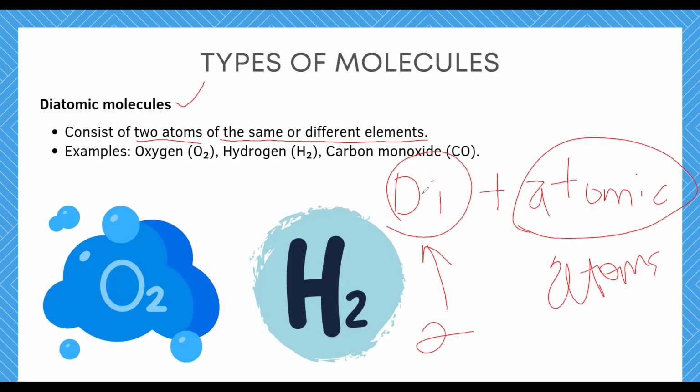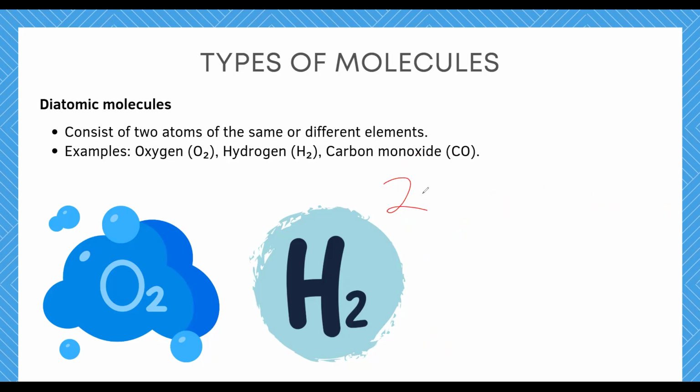When we have a molecule that has two atoms, whether the atoms are the same element or not, as far as the atoms are two, then we call it a diatomic molecule. So example number one is oxygen. We all know oxygen because we're breathing in oxygen right now. Anybody that stops breathing will not be in this class, obviously. So how many atoms of oxygen are here in this molecule?